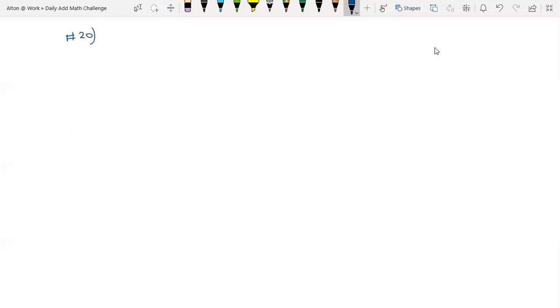So we want to find the sum of the odd integers between 10 and 50. So let's see if we can set this up. Let's write down our first few: 10, 11, 12, 13, 14, 15, 16, 17, all the way down to 49, 50, right?